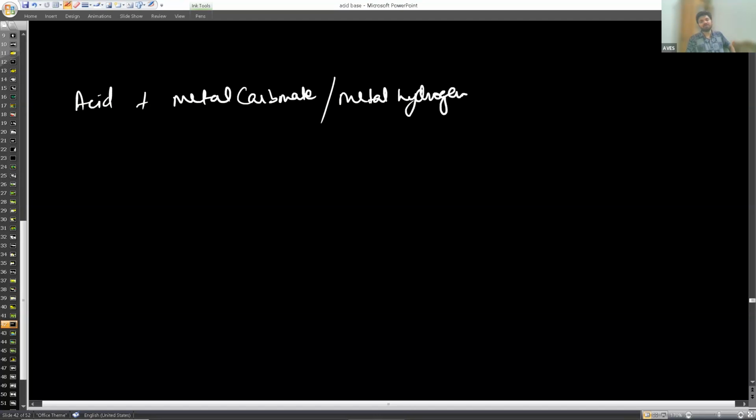It will give you salt plus water plus carbon dioxide. What are metal carbonates? Metal carbonates are those substances that are formed with a metal group.